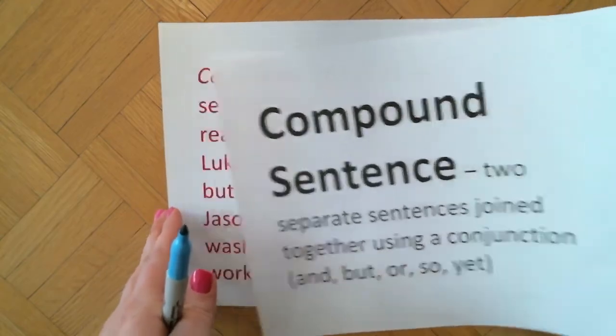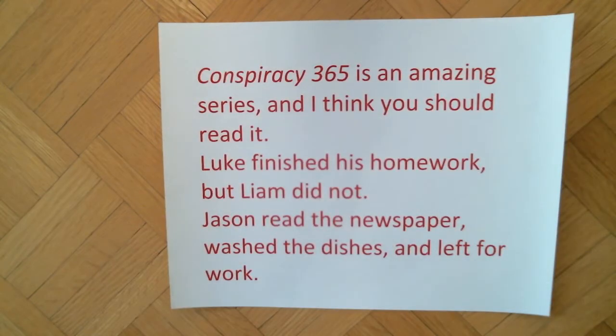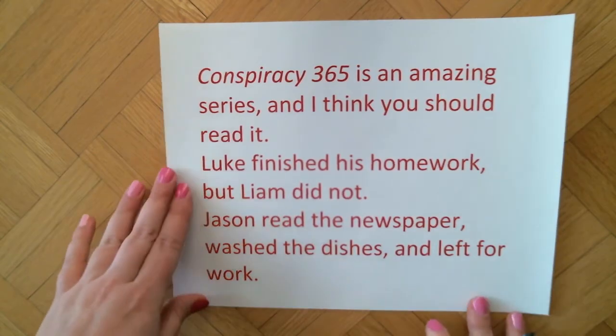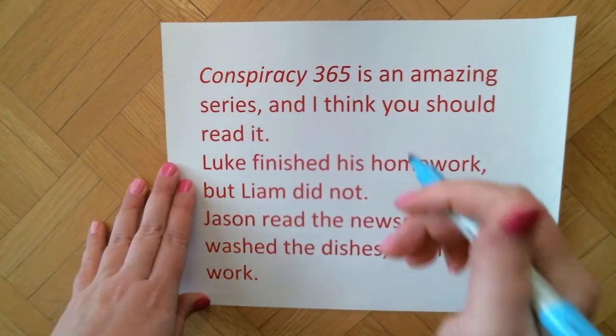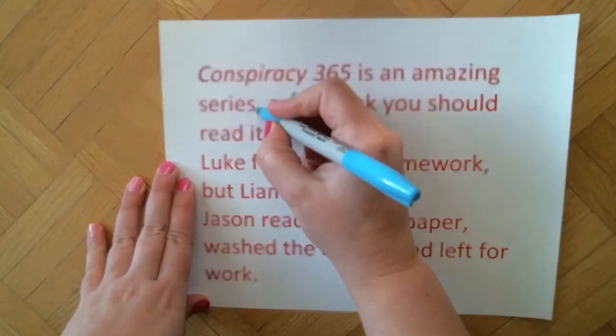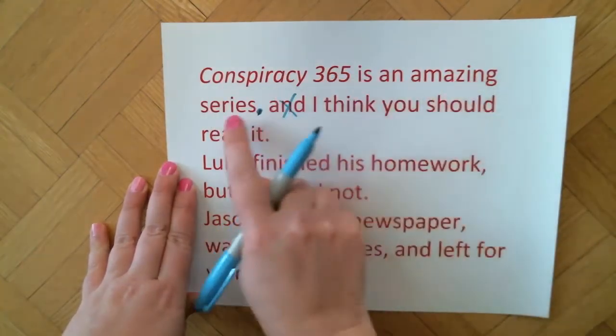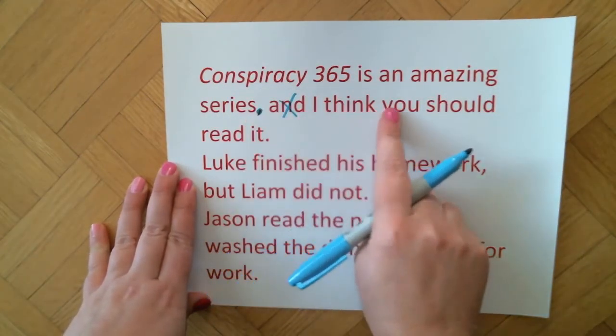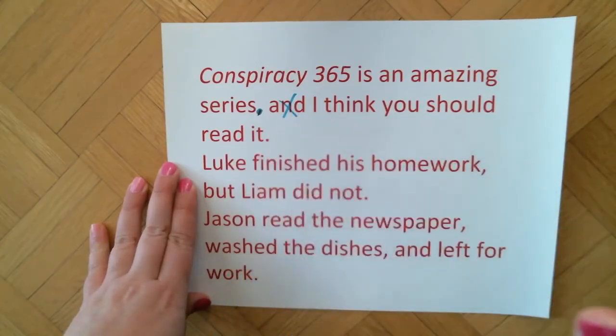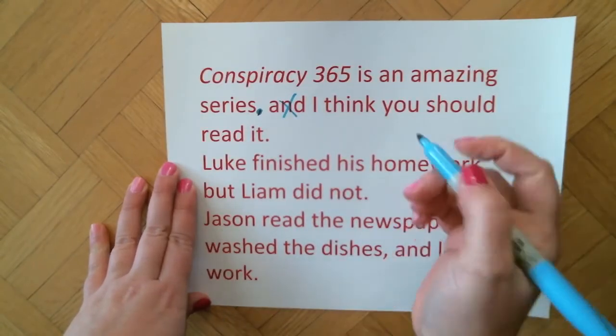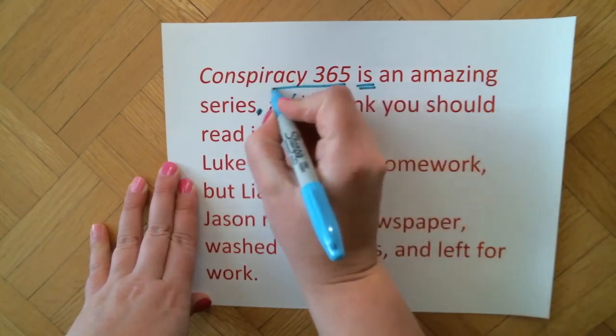Let's take a look at some examples. Conspiracy 365 is an amazing series, and I think you should read it. I have 2 separate sentences here. If I got rid of the and I put a period here, I would have Conspiracy 365 is an amazing series. I think you should read it. Notice that I have 2 different sentences because I have a verb here with its subject.